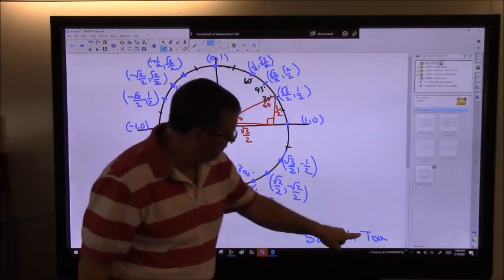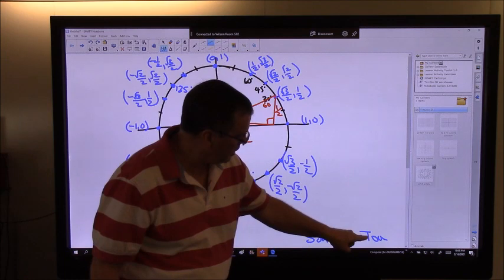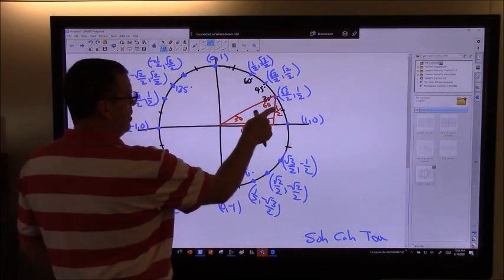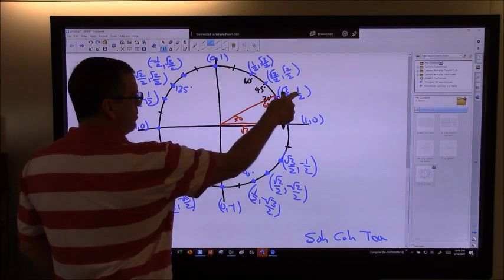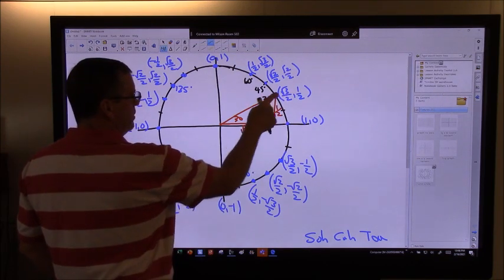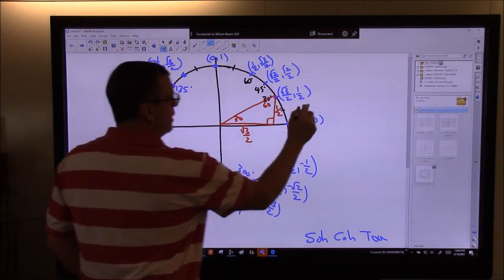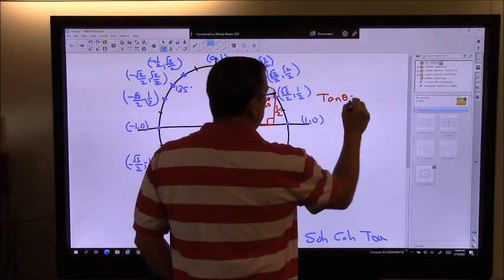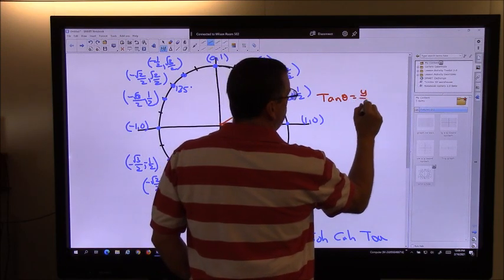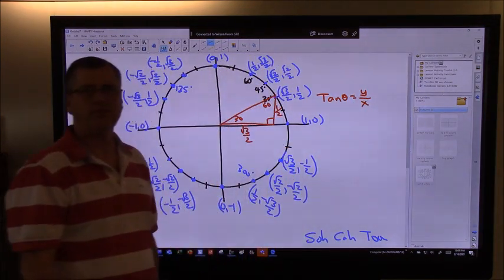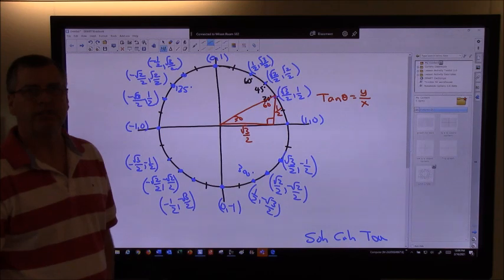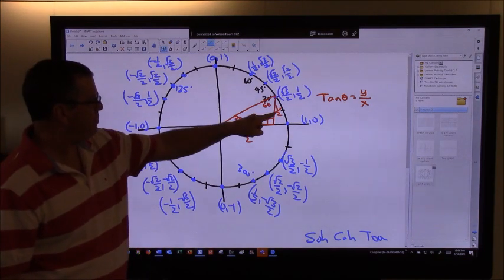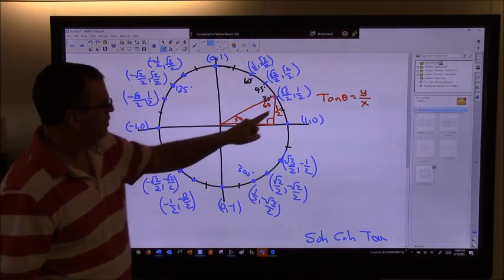So if I want to figure out the tangent, and tangent is opposite over adjacent, well, opposite is that coordinate, adjacent is this coordinate, so I could say that tangent of some angle is equal to the y-coordinate over the x-coordinate. Right? Does that make sense? Tangent is opposite over adjacent.